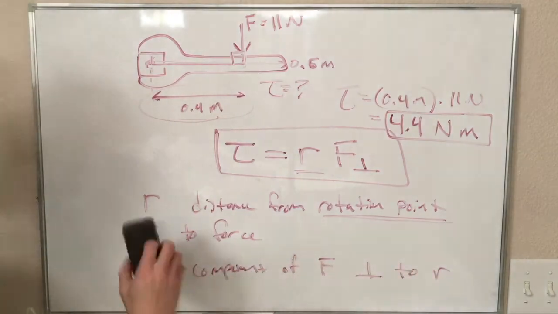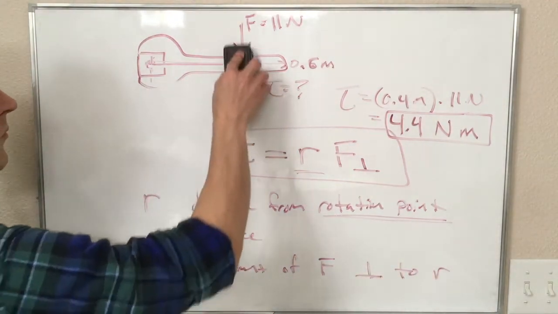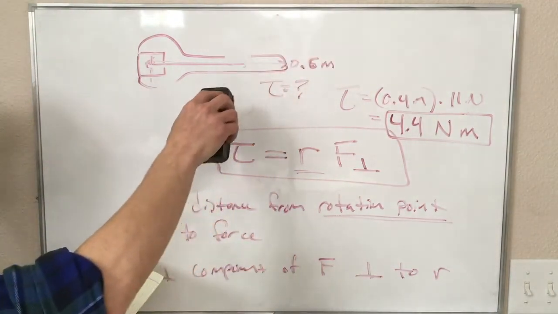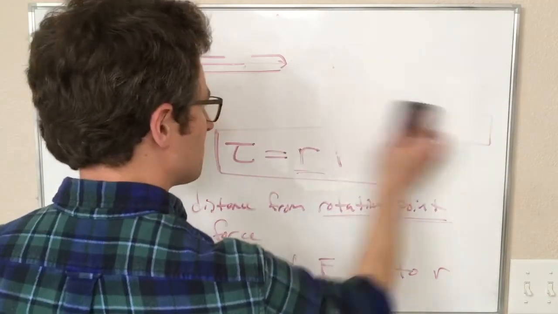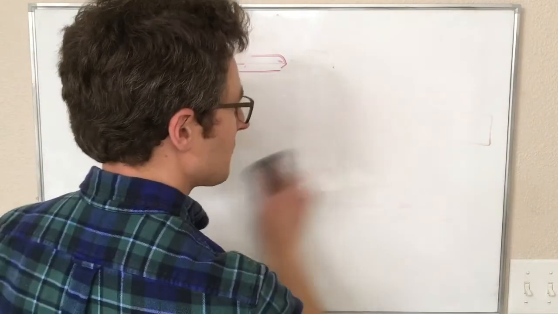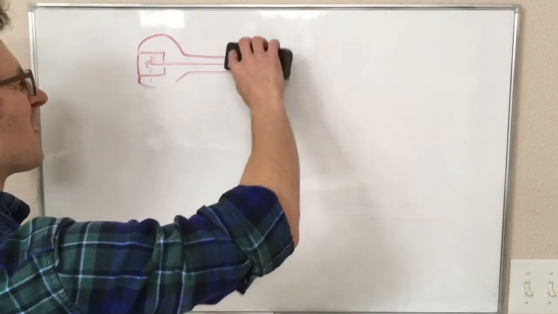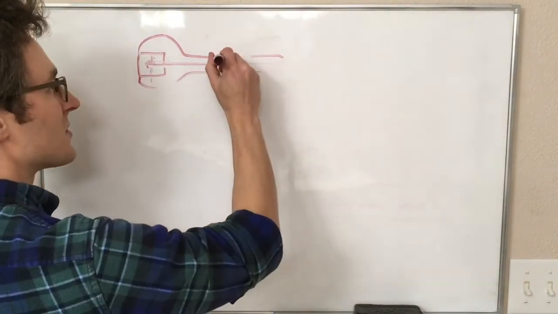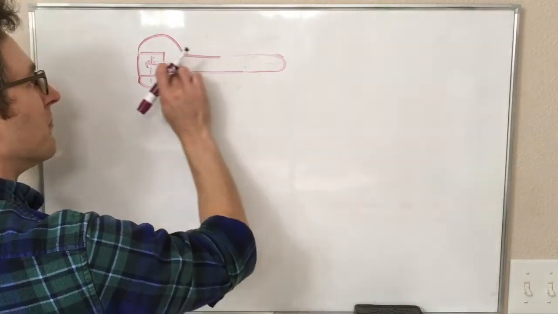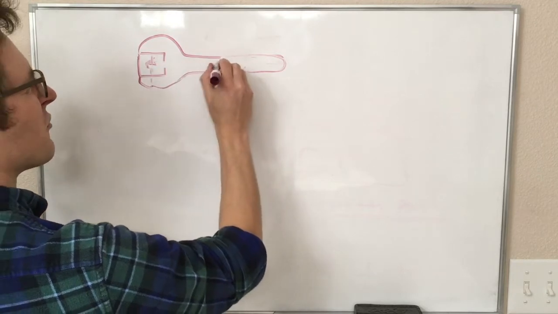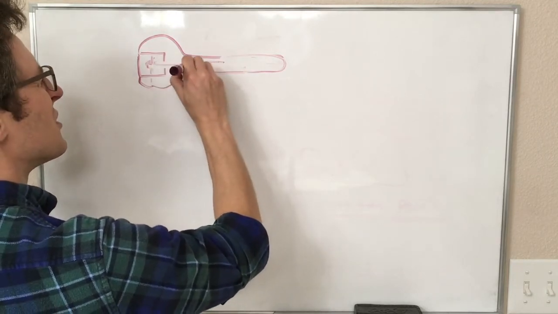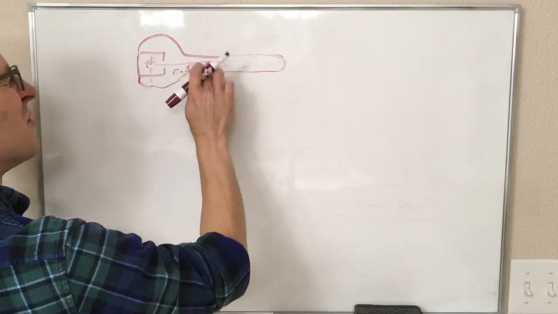Let's make it slightly more complicated. For this same wrench, this is a different wrench actually, for a different wrench, but almost identical, let's say our force is acting 0.5 meters away.